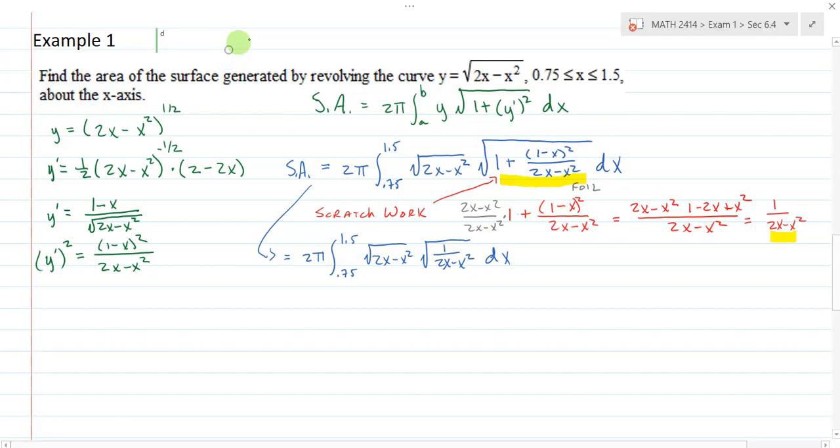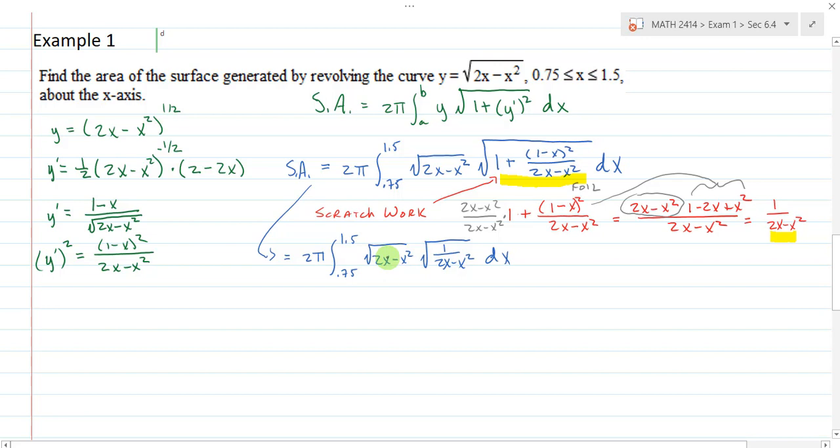When you ask where did the 1 go, this piece right here was from the 1 right here, and this is what I got when I FOILed this out. So when I combine like terms here, the 2x's cancel out, the x squares cancel out, and I'm just left with 1 over 2x minus x squared. So that got plugged in for the entire expression underneath this radical. That's where that came from.